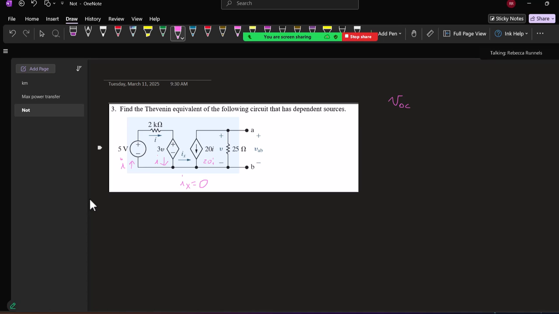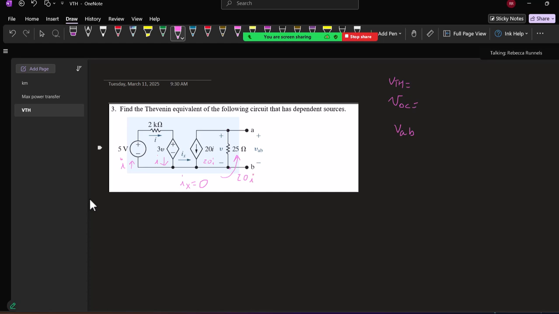Okay, so then we can say that V Thevenin, which equals V open circuit, equals VAB. So that would be the voltage across this 25 ohm resistor. So if we look at that 25 ohm resistor, we've got a current of 20I going that direction.